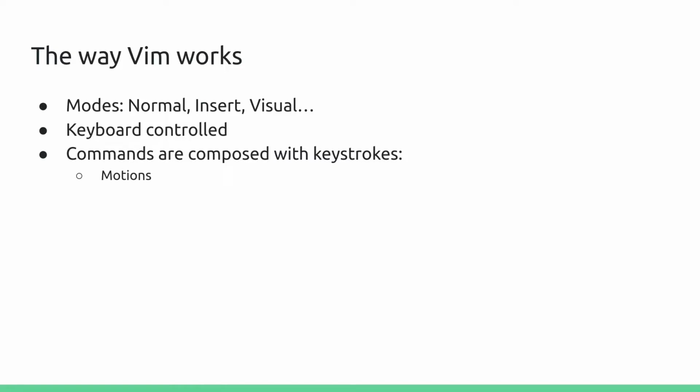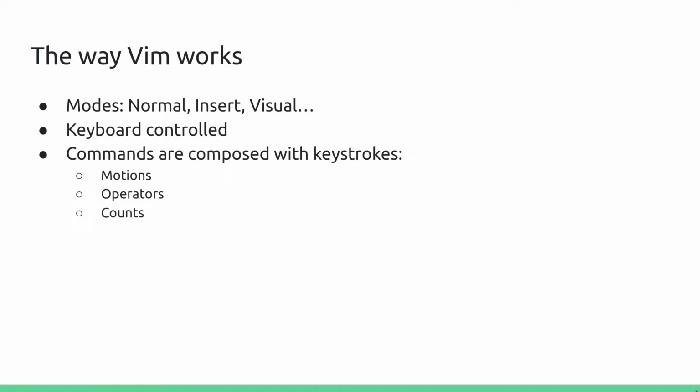The J key will take you down one line, and the AP keys together will move you through a paragraph. Then there are operators, for example, delete, change, or yank, which means you take text into a register and paste it somewhere else later. And these are things that you can combine together with counts.